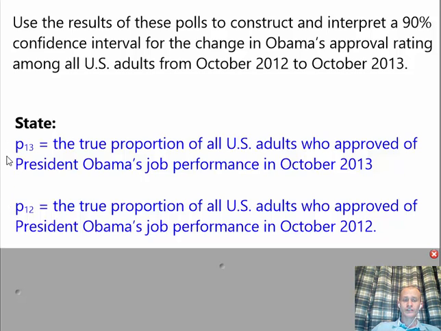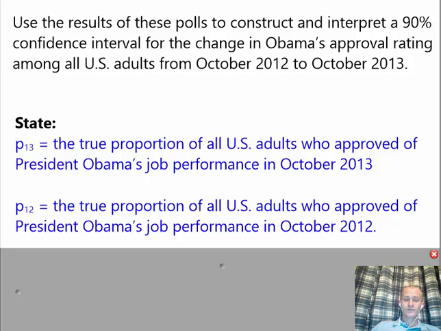We have two proportions, p sub 13 and p sub 12, where p sub 13 is the true proportion of all U.S. adults who approved of President Obama's job performance in October 2013, and p sub 12 is the true proportion of all U.S. adults who approved of President Obama's job performance in October 2012.